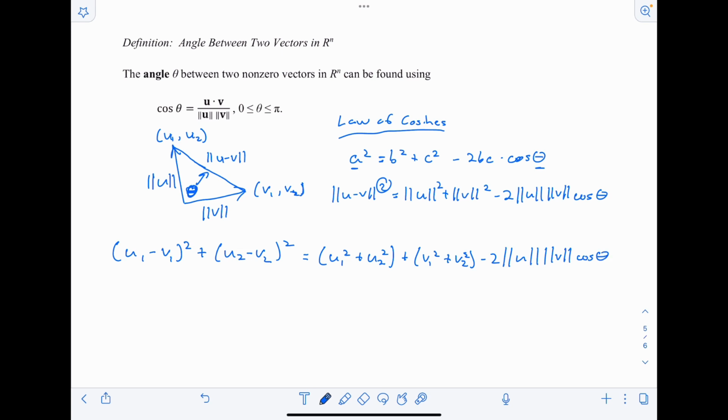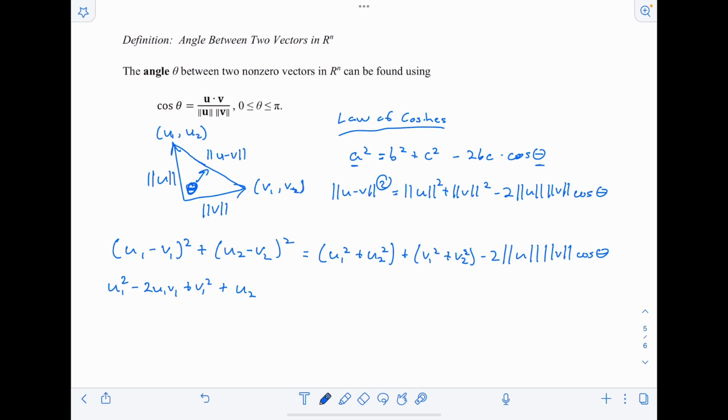On the left side, let's expand those out. I'd have U1 squared minus 2 U1 V1 plus V1 squared for the first set of parentheses. Then, squaring the second set, we'd have U2 squared minus 2 U2 V2 plus V2 squared.